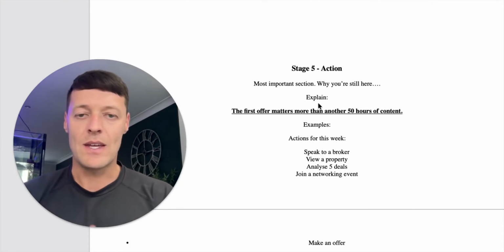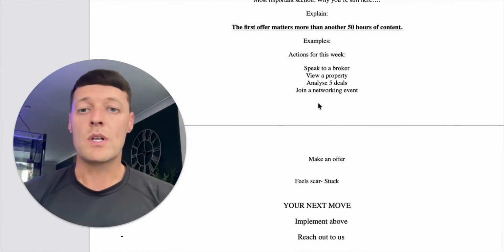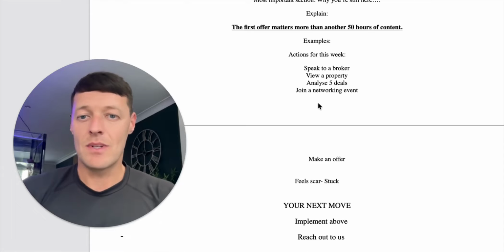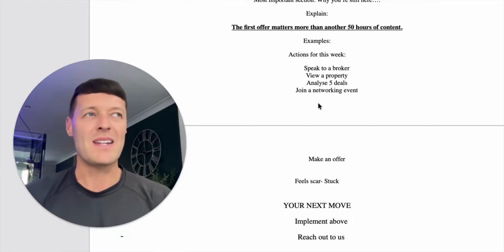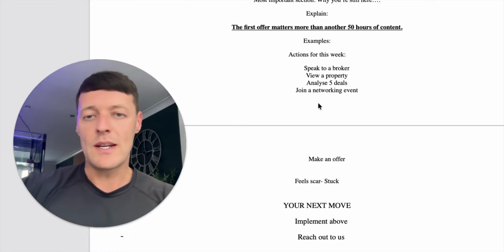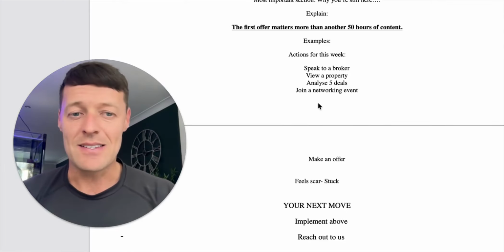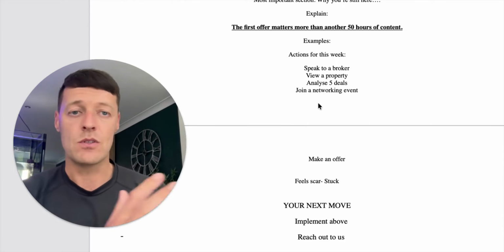So active things that you should be doing are speaking to a mortgage broker, viewing properties, analysing a few deals each week, even joining network events if you think that might help. It's not for everybody, that's fine. Even putting in offers on property, because it's not as easy as simply calling the agent, oh, I'd like to offer 120,000 on this house.